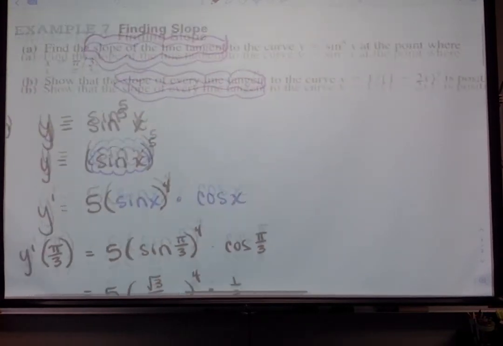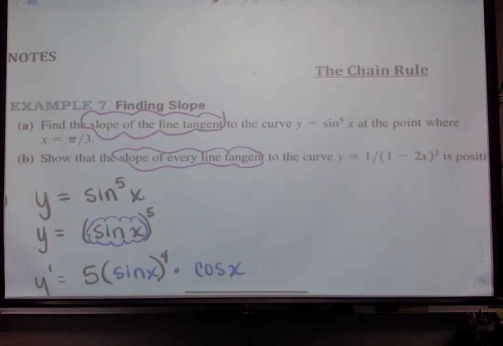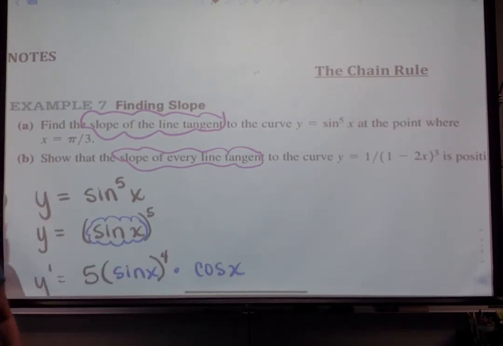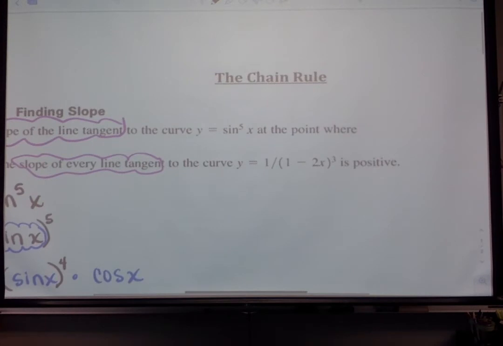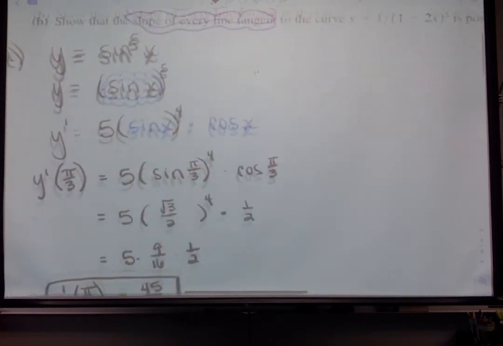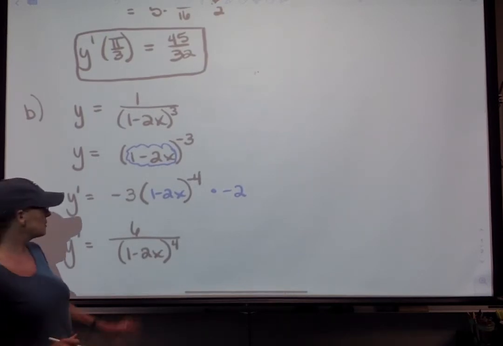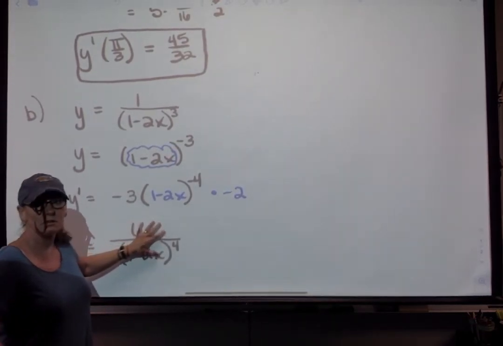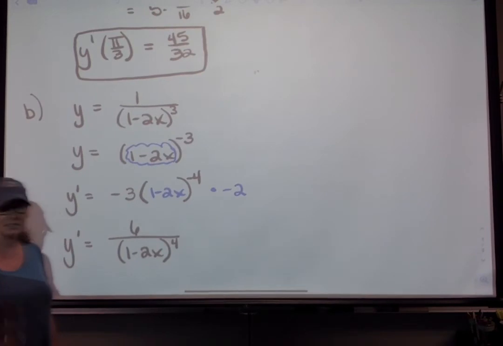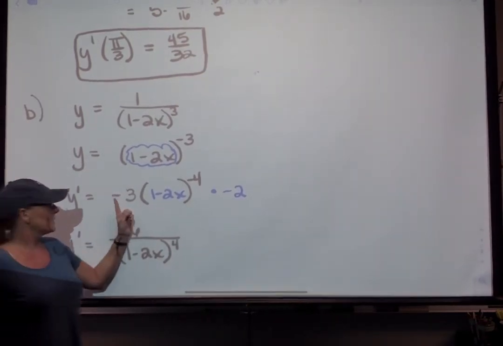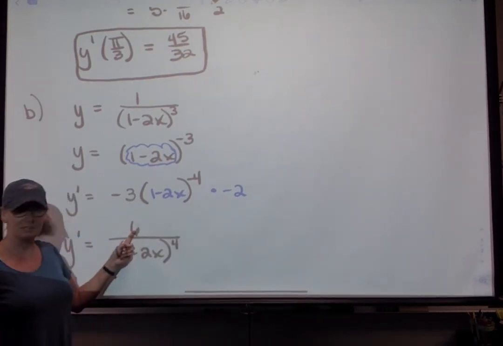Okay. What do the directions say? Show that the slope of every tangent line, show that the derivative is positive. Well, think about this. When I multiply the negative 3 by the negative 2, I've got a positive 6, okay?